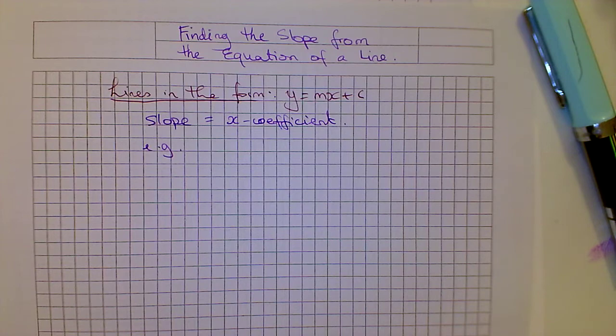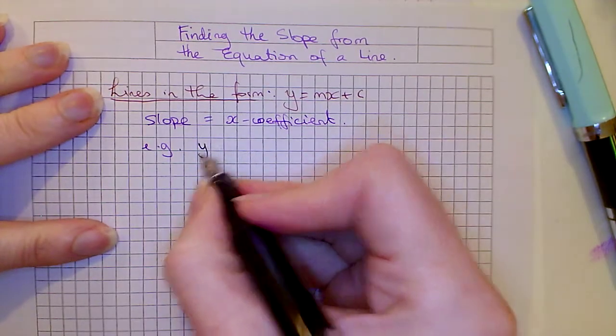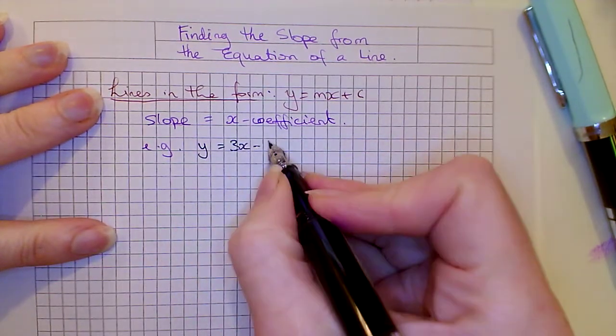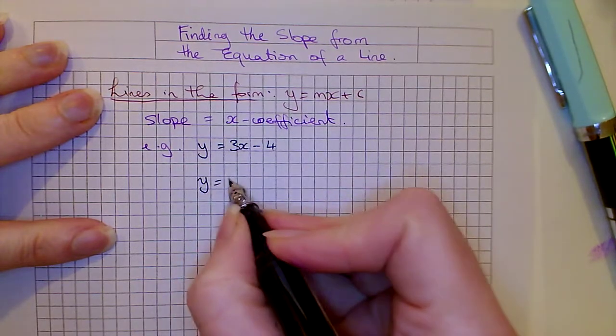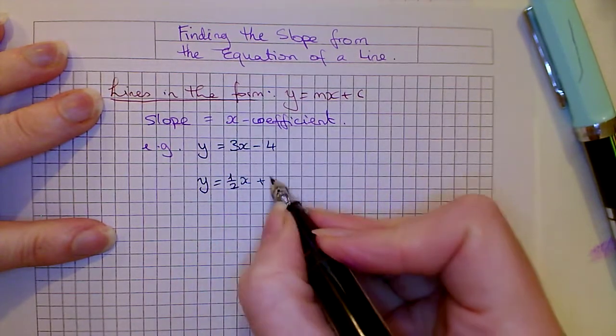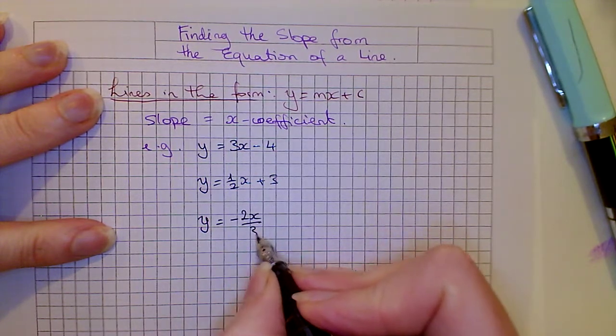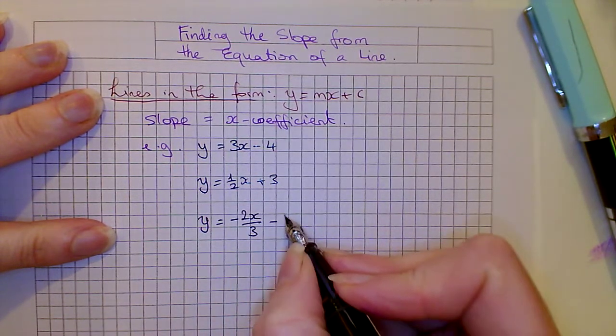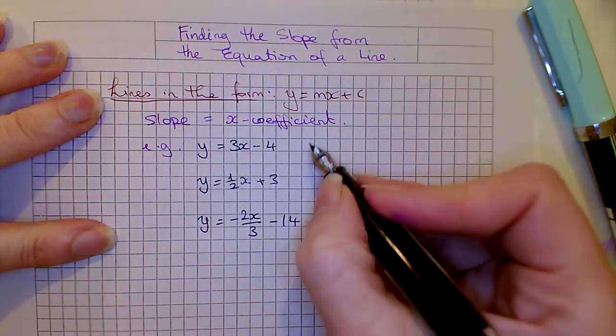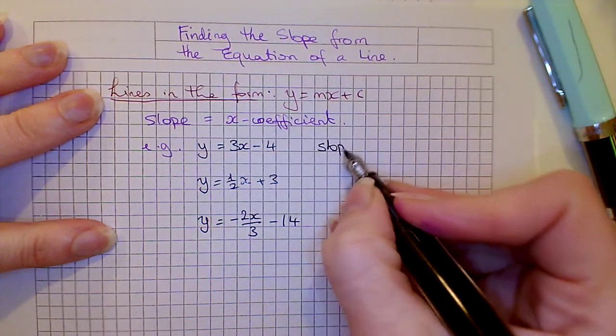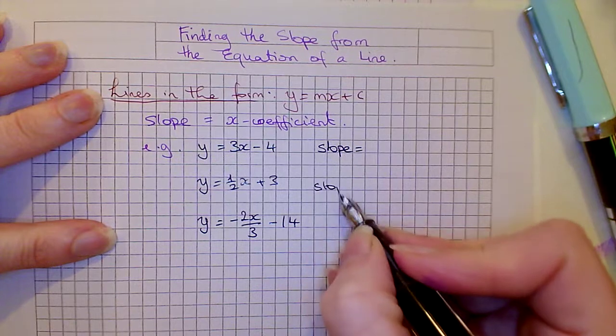So let's look at an example of that. If I have these lines: y equals 3x minus 4, y equals a half x plus 3, y equals minus 2x over 3 minus 14. It's easy to write down the slopes of each of those lines.